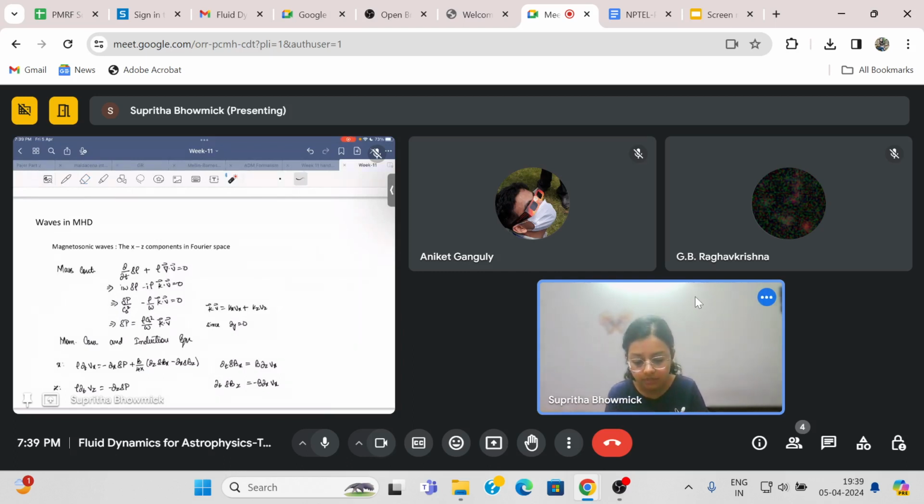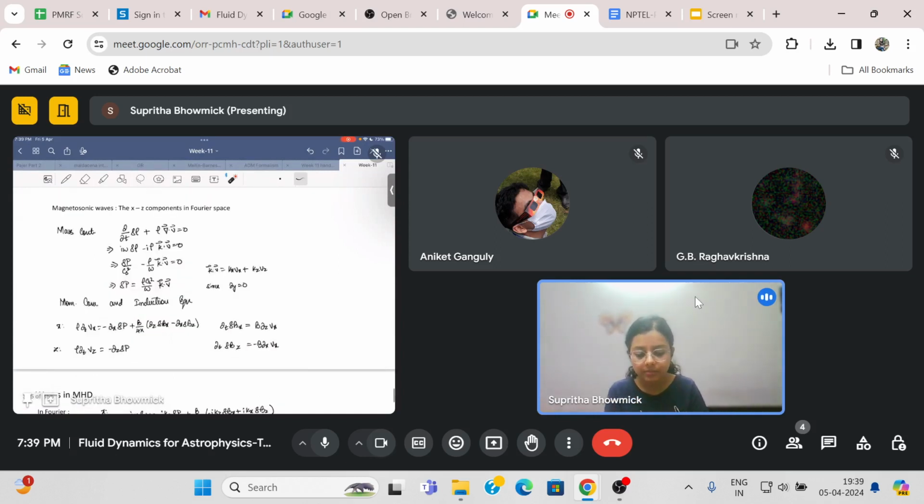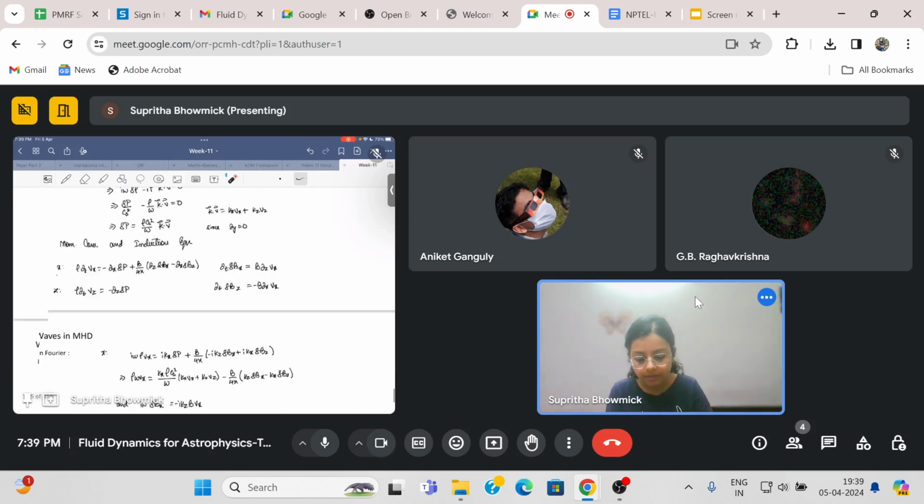Okay. So this is what you get, just rearranging a few terms. The pressure perturbation is related to k dot v as this. Next, we consider momentum conservation and the induction equation. The x and z components are this. I've just copied it from the previous slide.